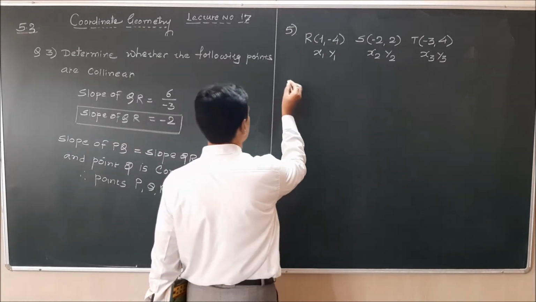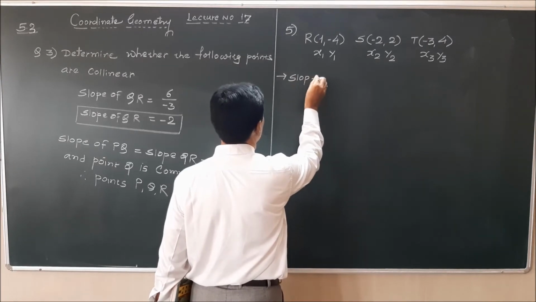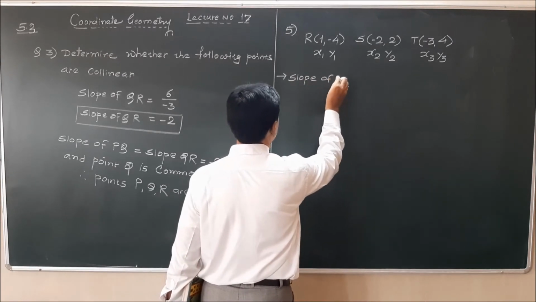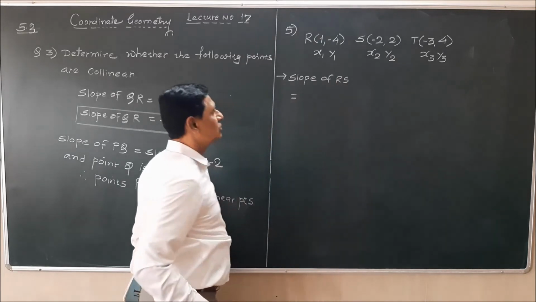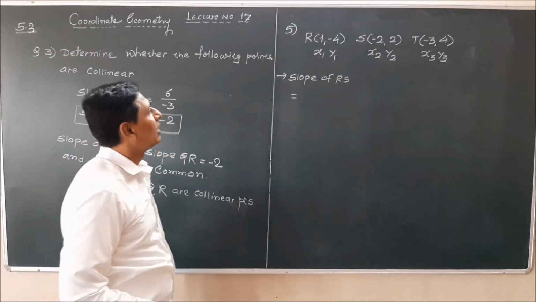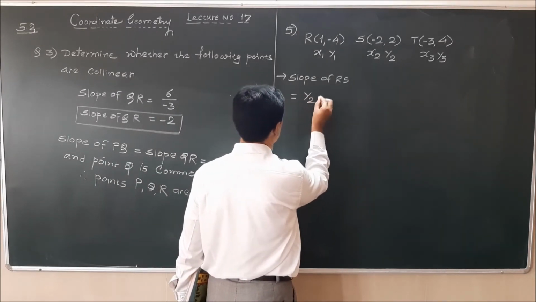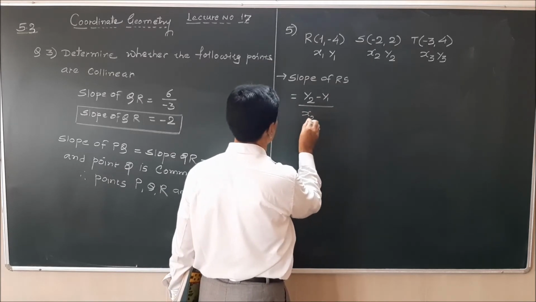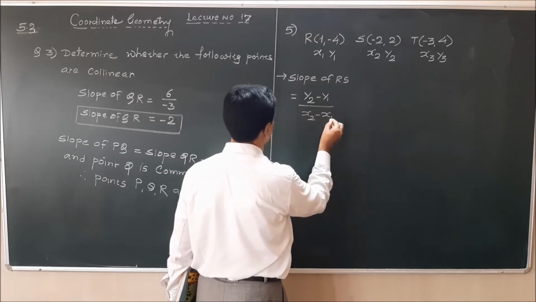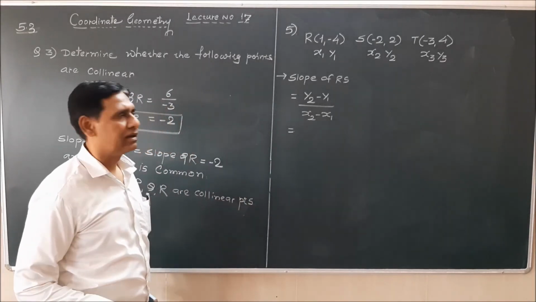So first, slope of RS is equal to y2 minus y1 upon x2 minus x1.